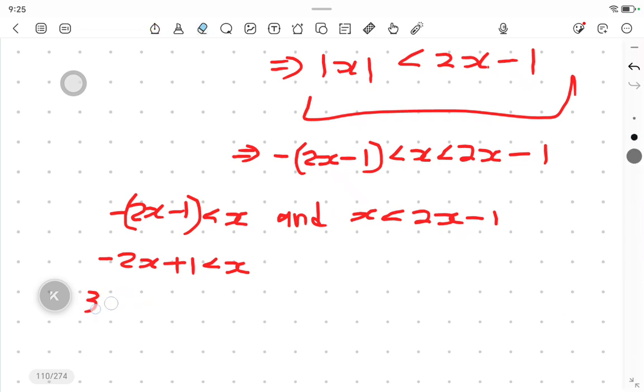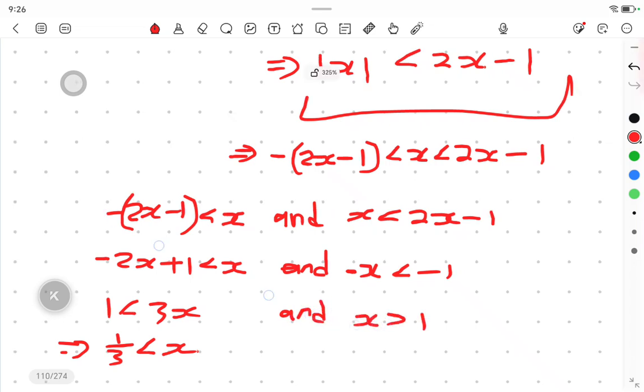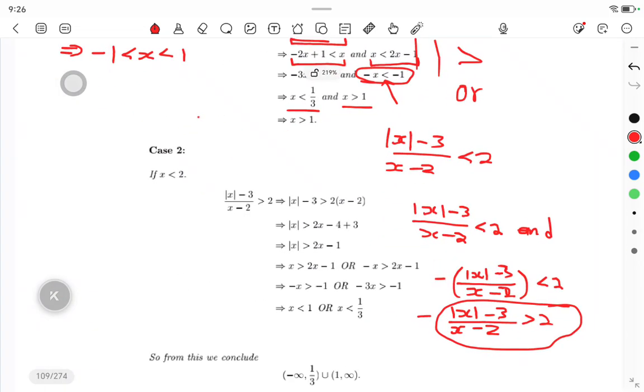Okay, let me write it as it is, so we don't miss the sign. 3x, this implies that 1 over 3 is less than x. Then this side we get x. Take this to the other side. This will be minus x less than minus 1. And if I divide both sides by this, I'm going to get that x is greater than 1. Now the sign will change. If we check, that's what we got there. I'm sure you see this. Alright, that's what we got.